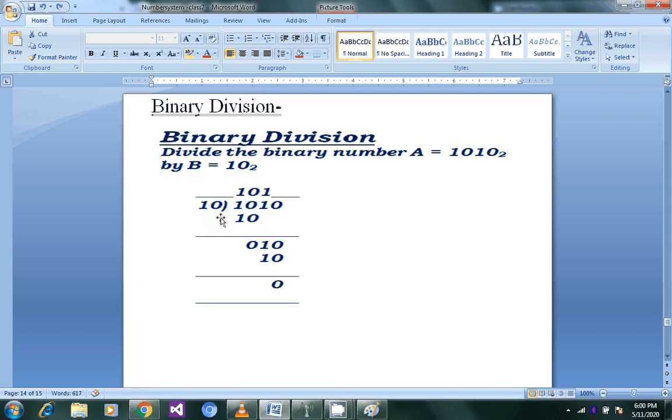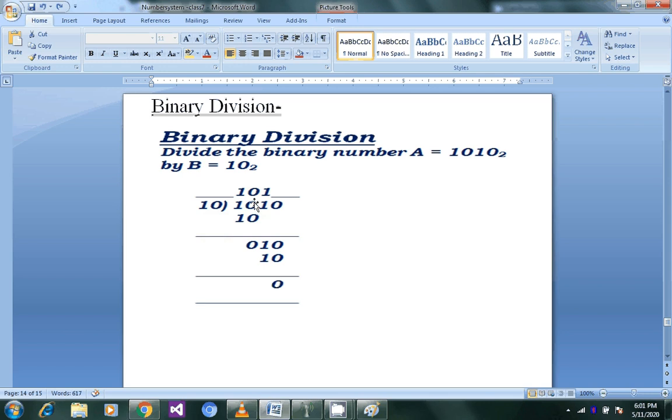So all of you see, 10 divides 1010: 1 going by 10 gives 0, so the result is 0. Then you write this 10 here, then it is 0 1 0.